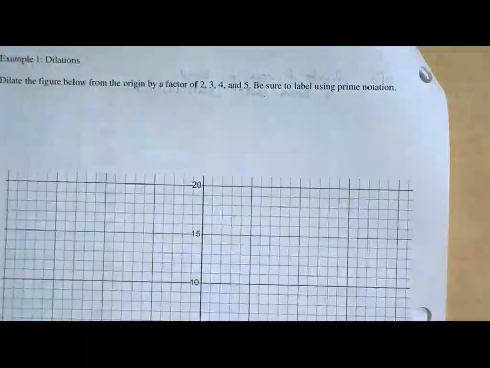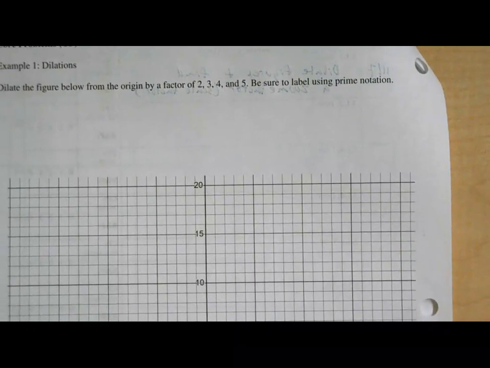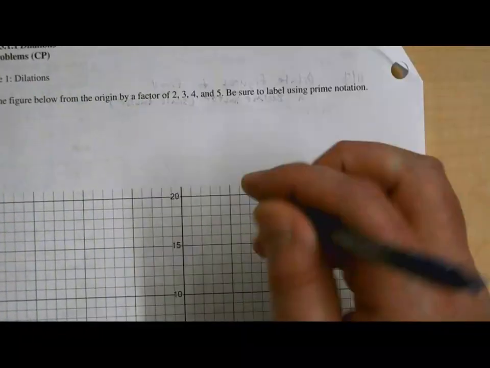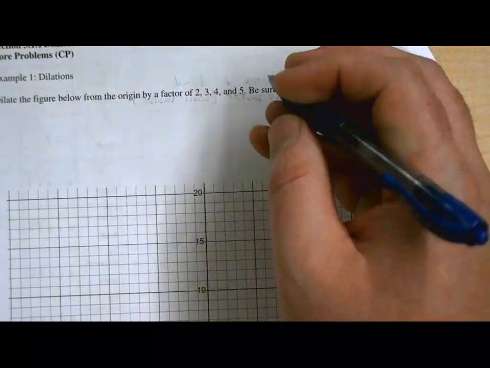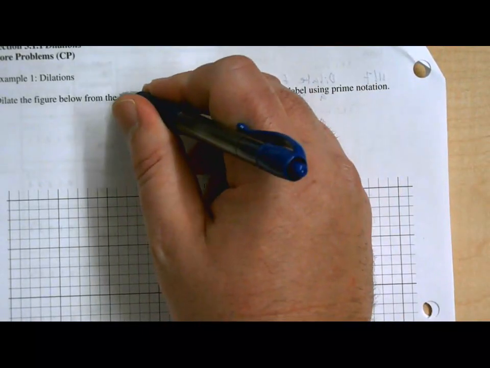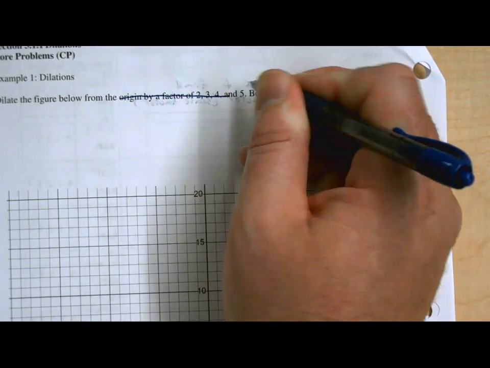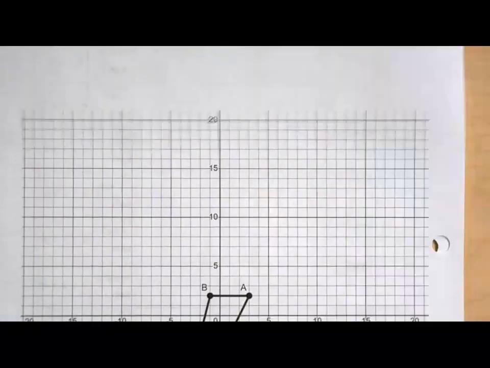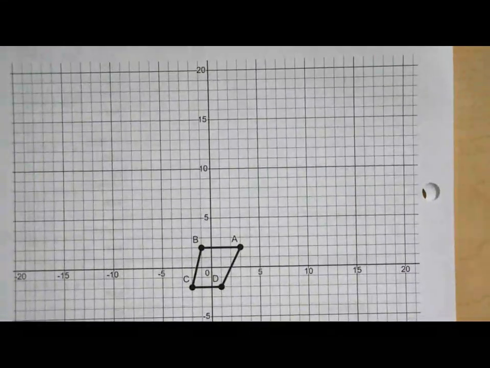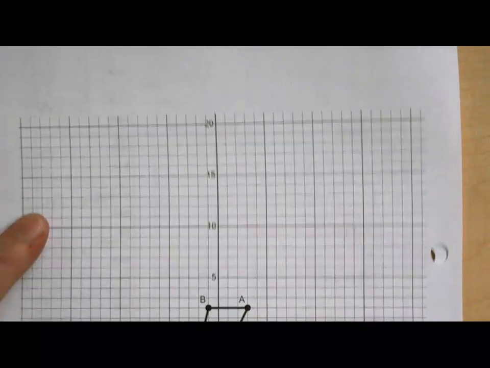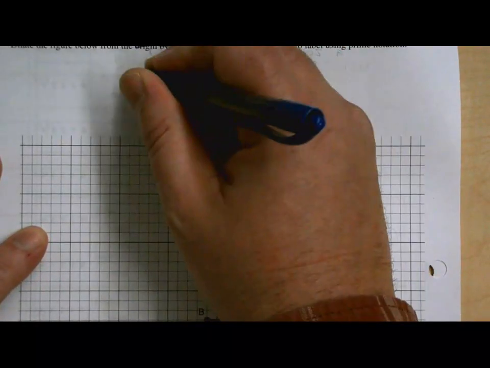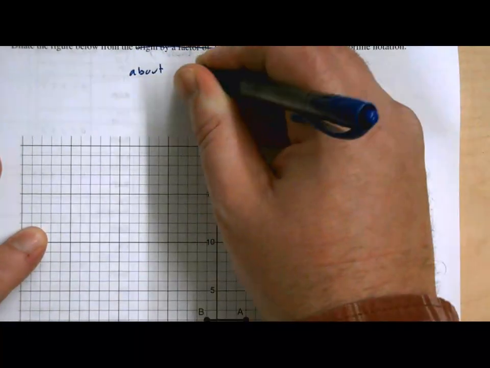Let's go ahead and look at our first example. I'm going to modify our instructions on this a little bit. We're going to take this figure and we're going to dilate it a few times. Let's start by dilating about the origin.